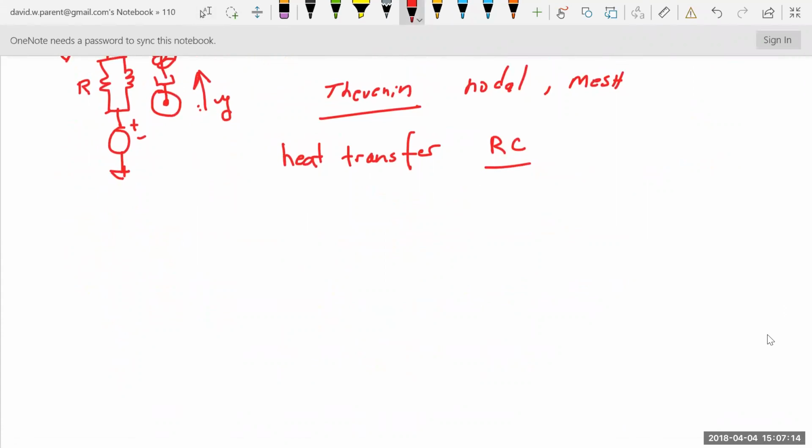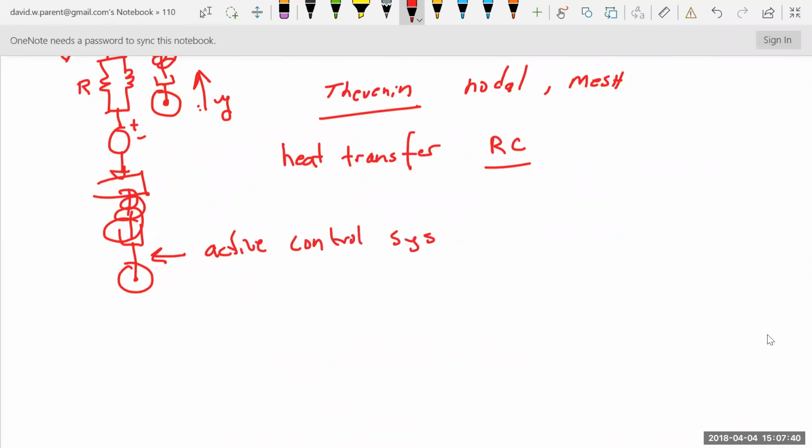And so, yeah, if I have this car wheel with a damper and a mass, that's a car. Well, that's all passive like RLC, but we could put an active control system there.